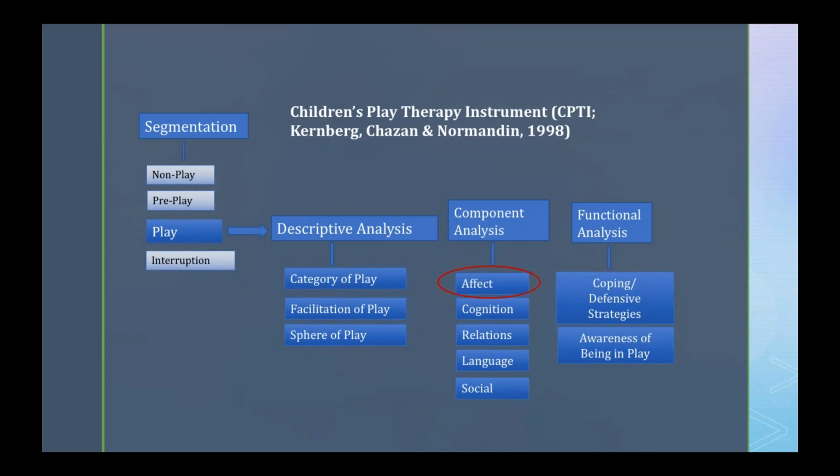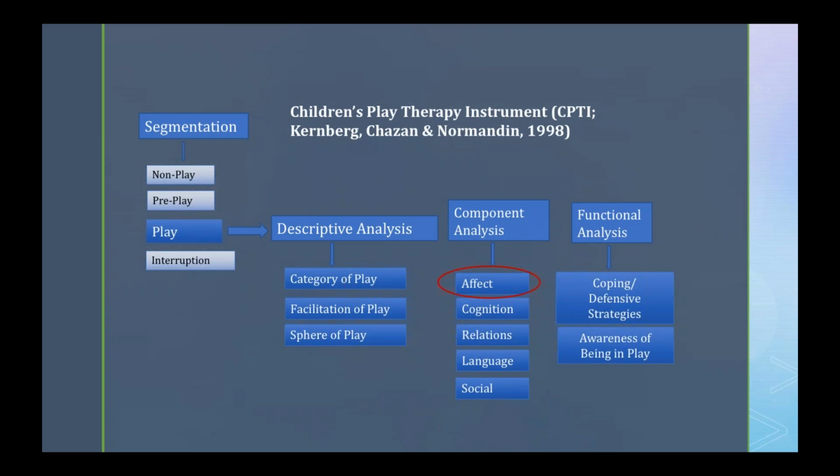What happens when play stops? So just to answer your question, we don't code for affect regulation in non-play, pre-play, or interruption. We only code for play segments of the session with the CPTI. With another instrument, it might be possible to code affect regulation.